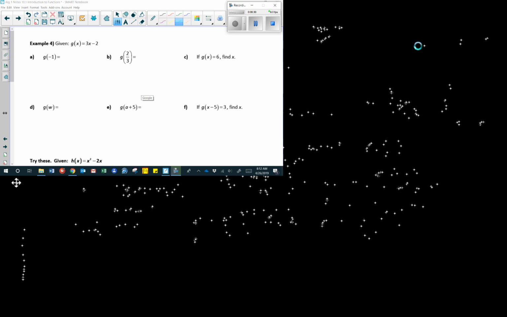In example 4, we're given that g of x is equal to 3x minus 2. So g of negative 1 can be found by replacing x with negative 1. So I'm going to write g of x right over top of that statement. And then I'm just going to replace the x with negative 1.